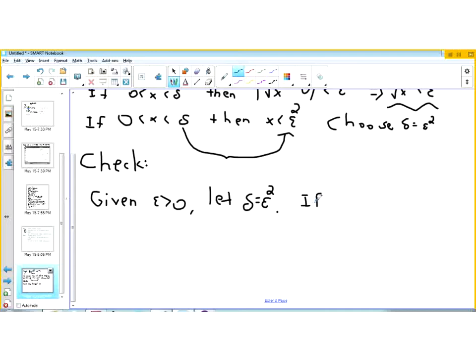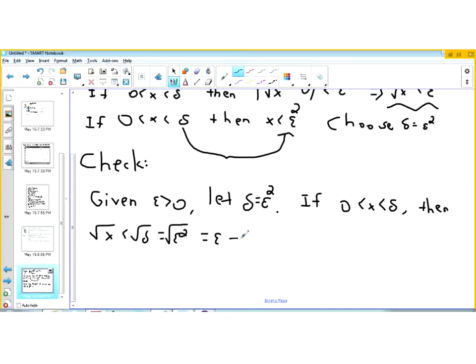If x is within a delta distance of 0, then the square root of x is less than the square root of delta, and we said that delta is equal to epsilon squared.